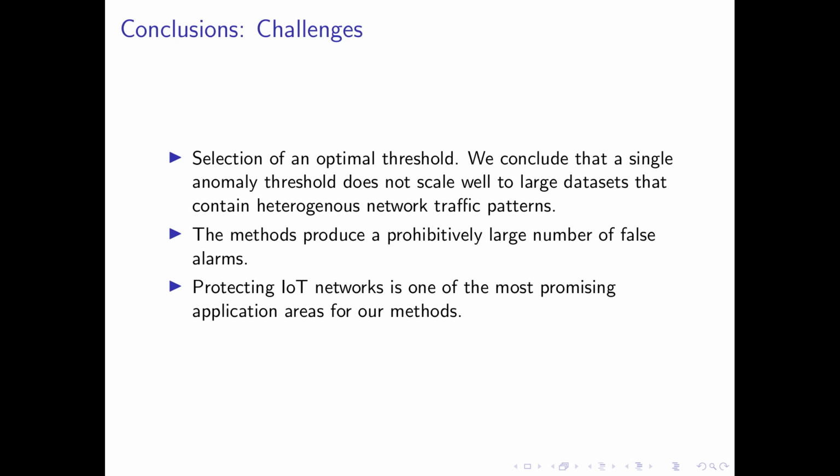And at the same time, we identified IoT networks to be one of the most promising application areas, because IoT devices, as we saw, have a simpler network profile, and therefore they're easier to model, and the techniques produce more accurate results.